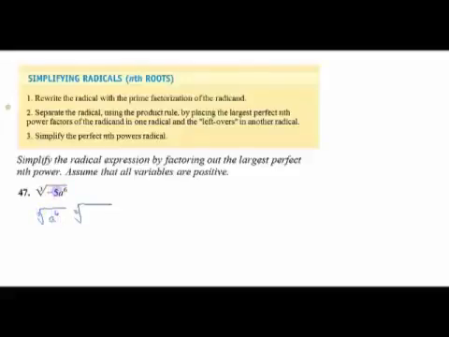My negative 5, well, I'm not going to have enough to take care of that, so I'm going to go ahead and just put the 5 here. And I know that when I take the cube root of a negative, it's going to be negative, so I'll go ahead and place the negative sign in front there. Now, I simplify the perfect nth powers radical.